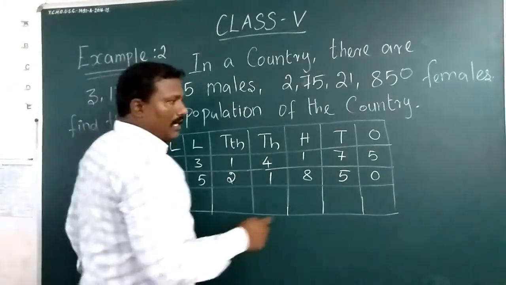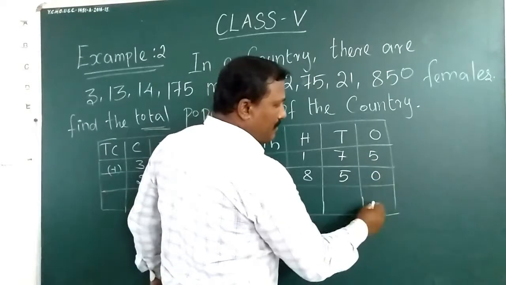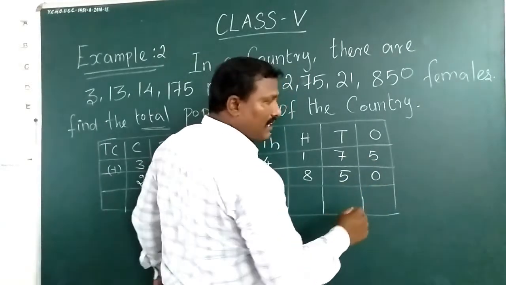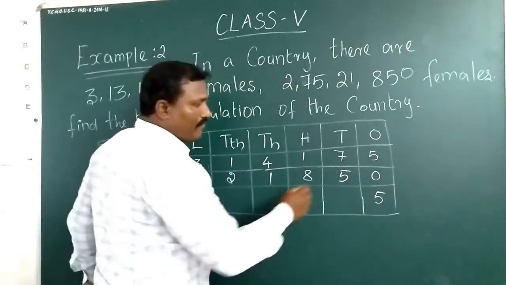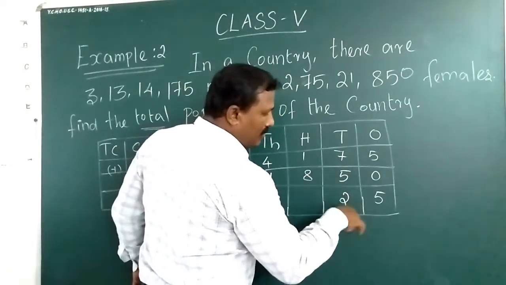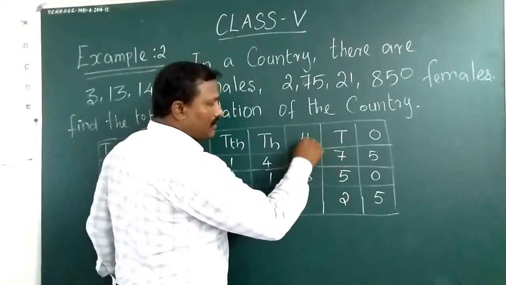I already told you 0 plus 5 or 5 plus 0 are both the same, the number itself. So 5, 7 plus 5 is 12, so write 2 here, remainder 1.